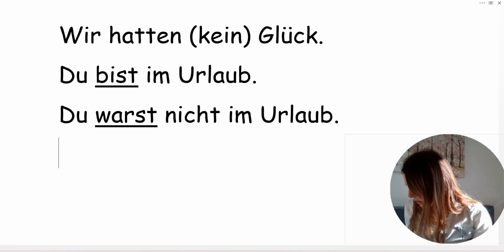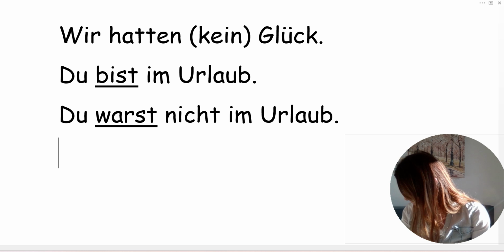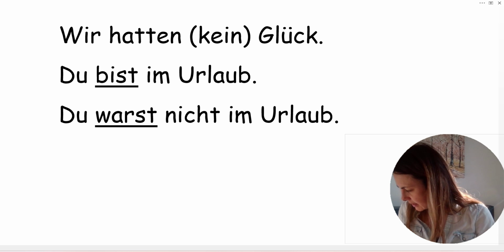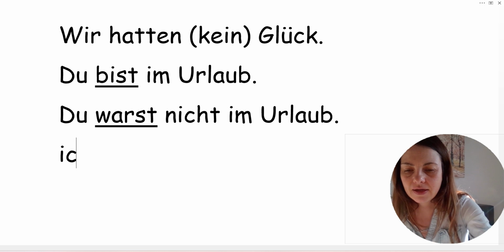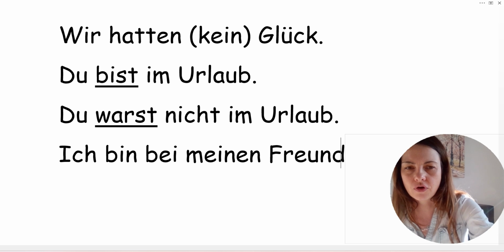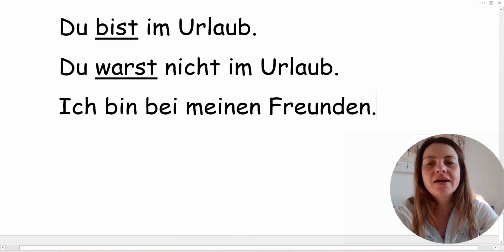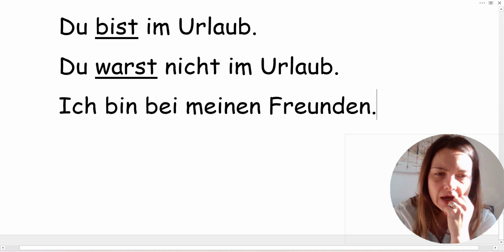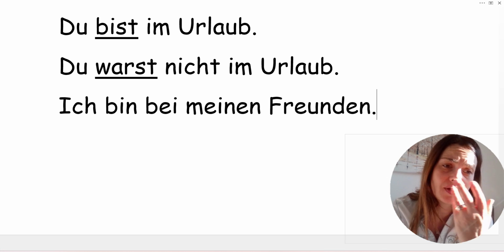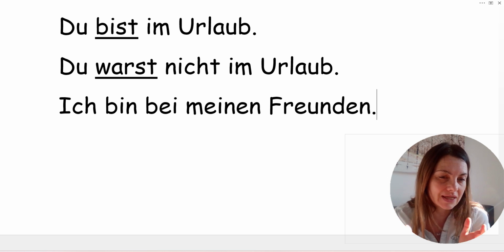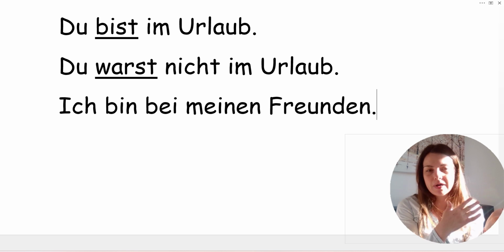Okay. Let's see. Aha. Ich bin bei meinen Freunden, for example. Meaning, I am at my friend's house. I am with my friends now. I am at their house, at their place. Ich bin bei meinen Freunden, meaning I went to their apartment, to their house.